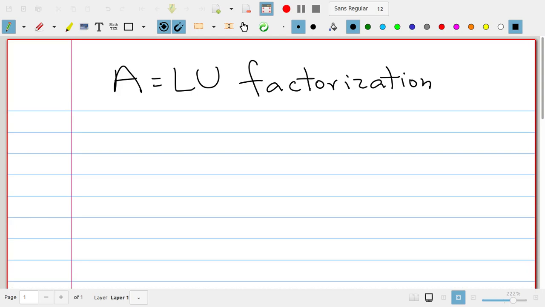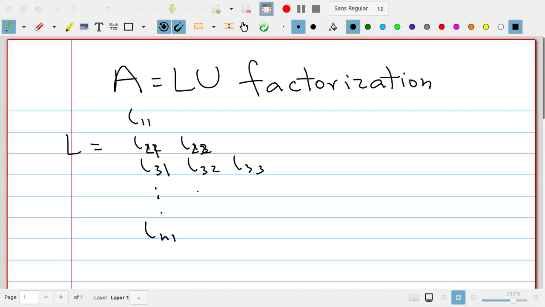Okay, so a lower triangular matrix is a matrix, let's call it L, where all the entries above the main diagonal are 0. So you have L11, L22, sorry, this is L21, L31, L32, L33, and so on until Ln1, Ln2, Ln3, Lnn.